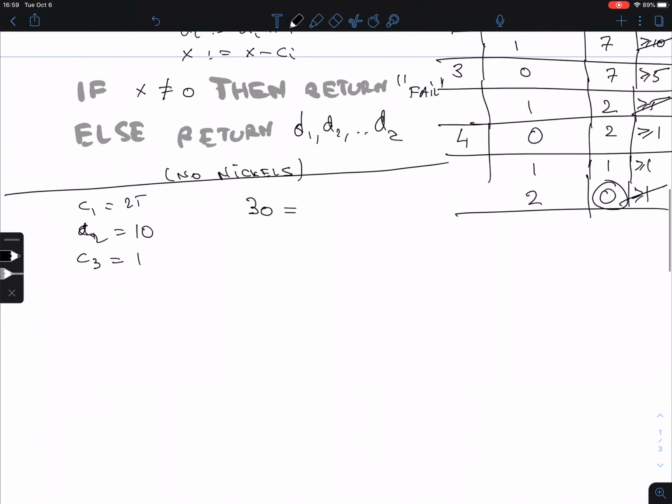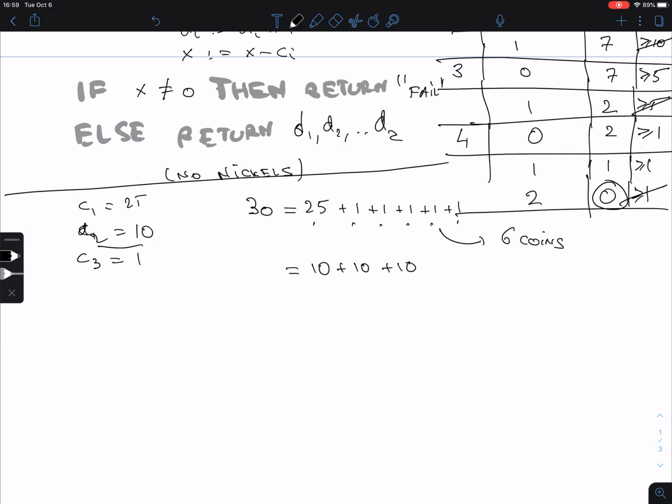Now if you do this, you're going to be able to use a 25, so say okay, I'm doing that, and how much is left? 5. The only way I can pay 5, since I don't have nickels, is with pennies. So 1 plus 1 plus 1 plus 1 plus 1. So I have 1, 2, 3, 4, 5, 6 coins. Now, do you think this is the optimal solution? No, it isn't, right? Because I could pay it this way.